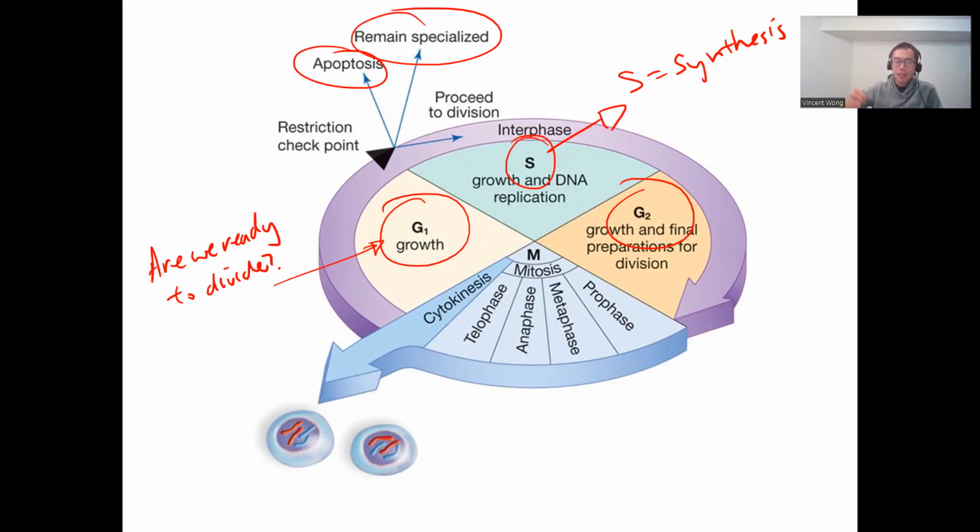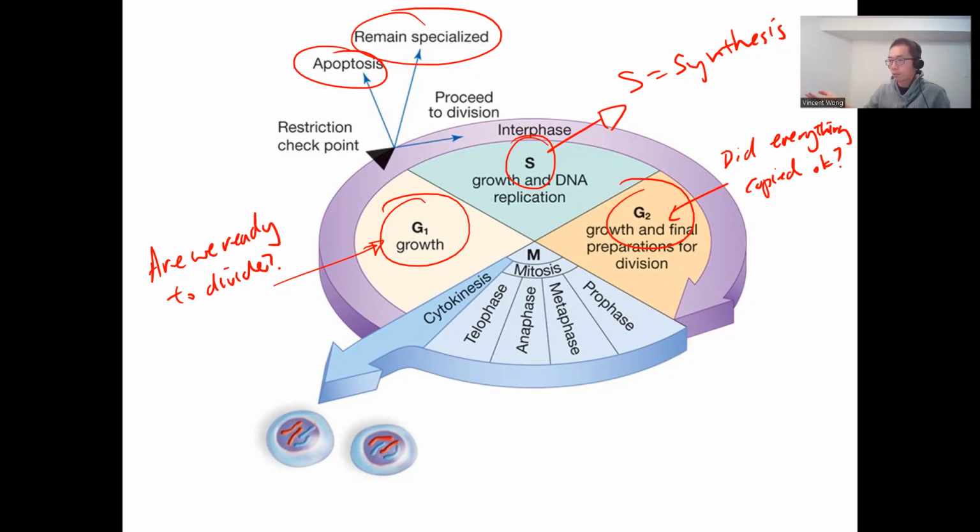You're going to be opening the bubble. You're going to be copying all the DNA. And then afterwards, you're going to do another check, right? Did everything get copied? Did you make any mistake when you did the copying? Did you copy all of the genetic material?